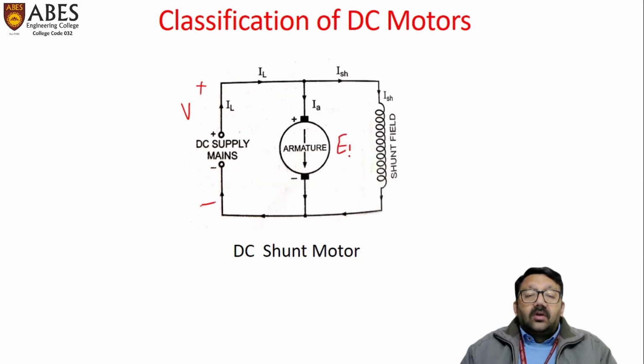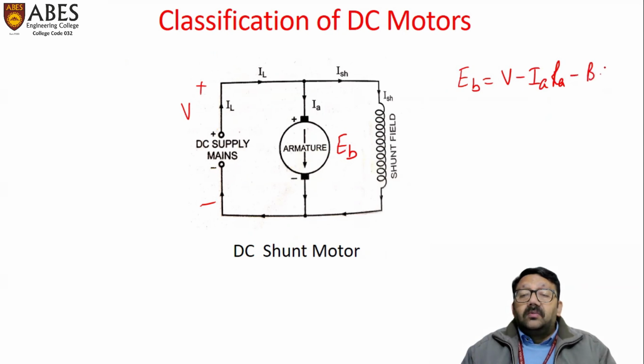The back EMF available across the armature is EB, and we can relate V and EB as: back EMF EB is equal to V minus IA RA minus brush drop.